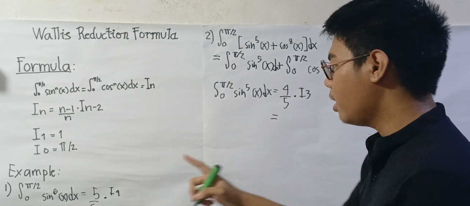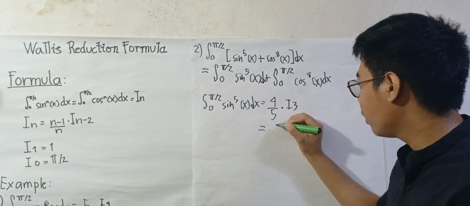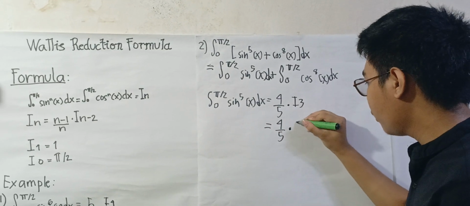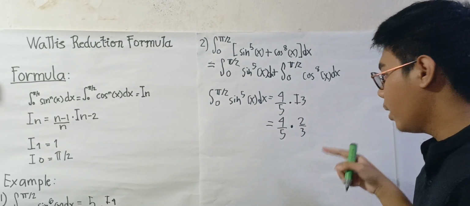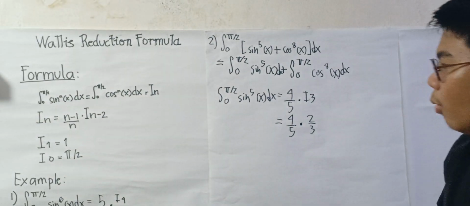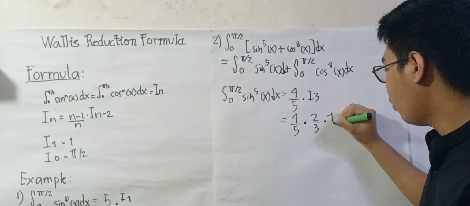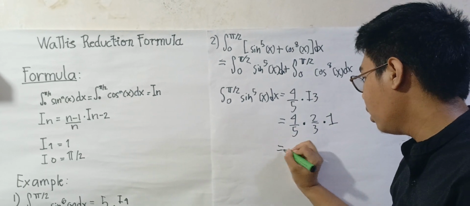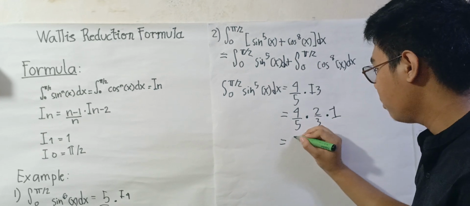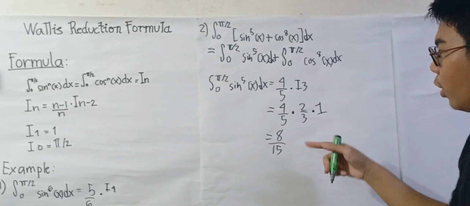Then we keep going until we reach I1. 4 over 5 times 2 over 3. 3 minus 2 is 1, which ends up with I1, so we can just write 1 already. And our answer would be times all of this, 8 over 15. And that is it for the first part.